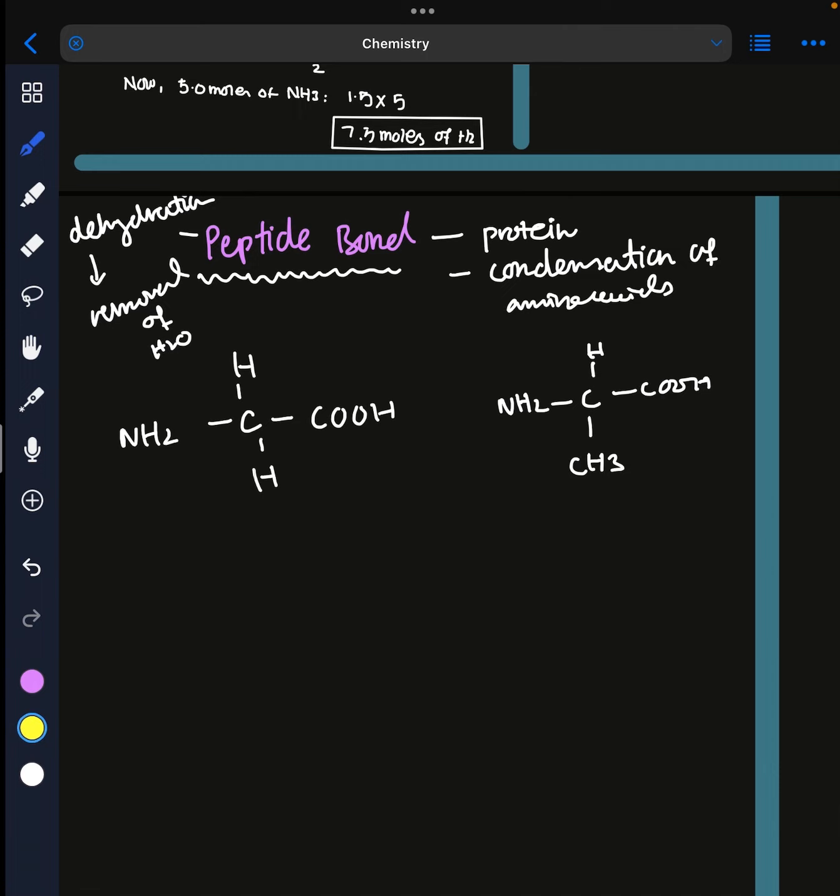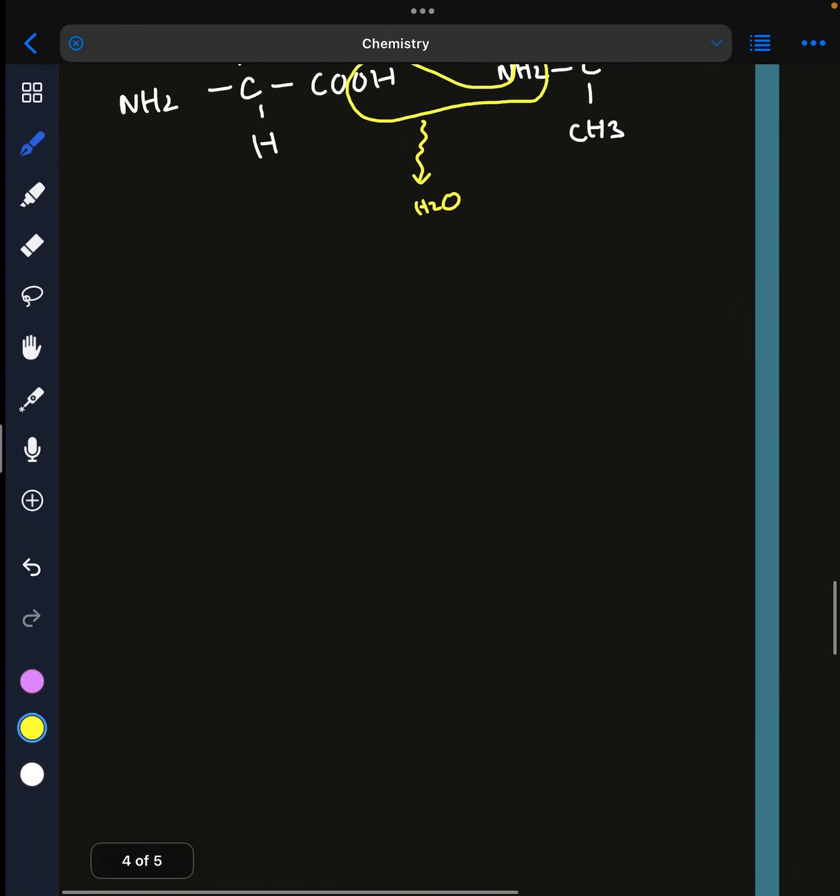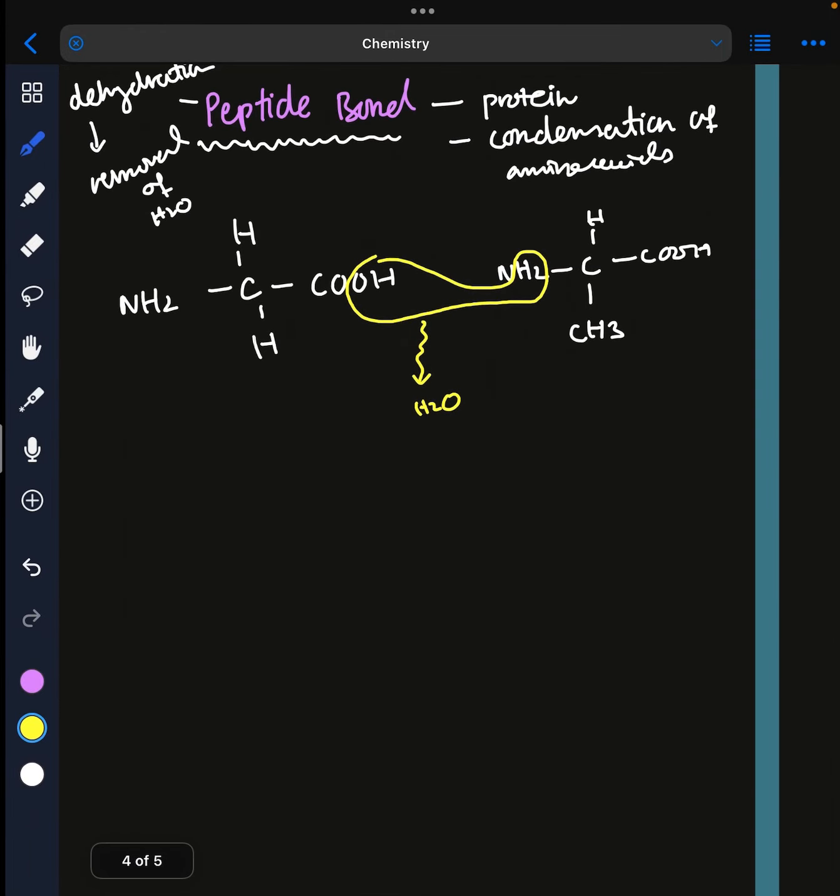You have to remove water over here. So you have to take out OH from the first amino acid and H from the second amino acid. It means the water will be taken out, and once the water is taken out, the bond which is formed is called a peptide bond.